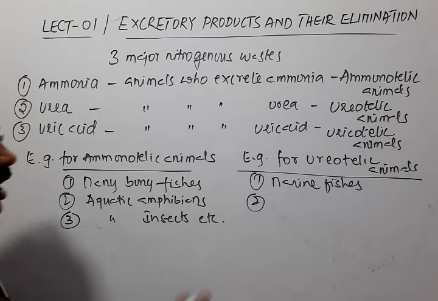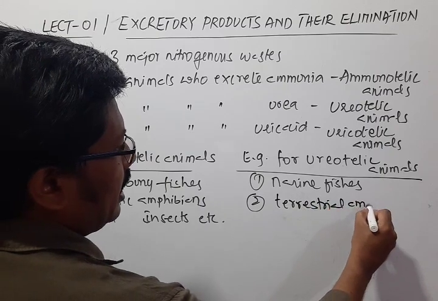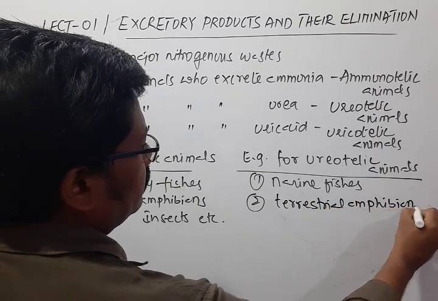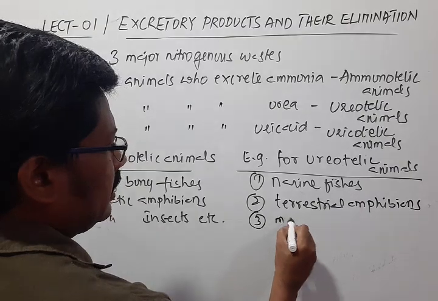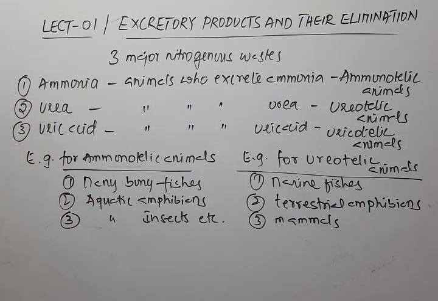And the next one, it also includes terrestrial amphibians, and then mammals are the ones who release the nitrogenous wastes in the form of urea.